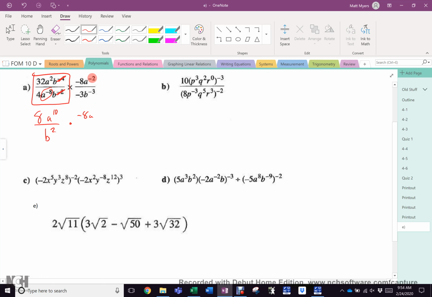Now that negative 2 is going to go down to the bottom. A squared, negative 3b cubed, which is going to give you negative 64 a to the 10th b cubed over negative 3 a squared b squared, which is going to give you 64 a to the 8th b over, not negative 3, just 3.